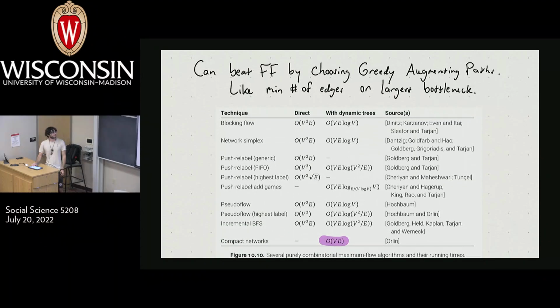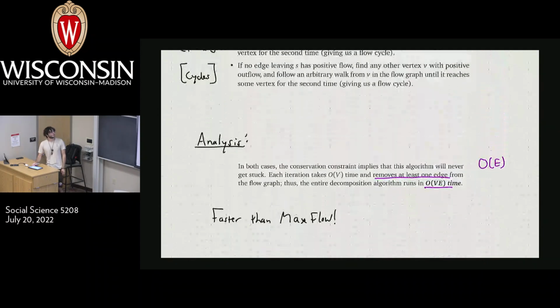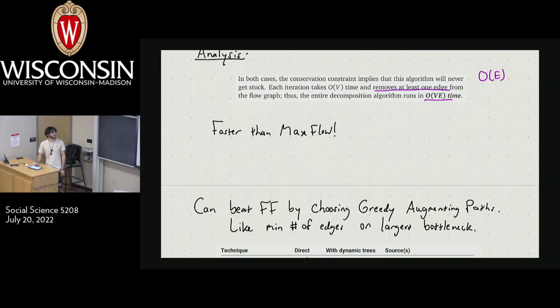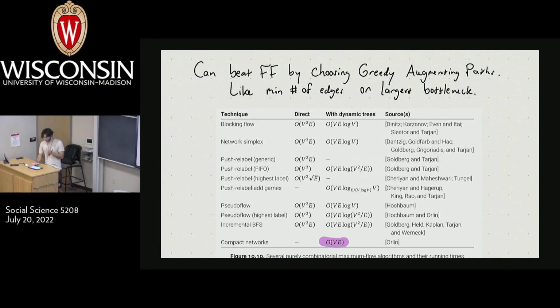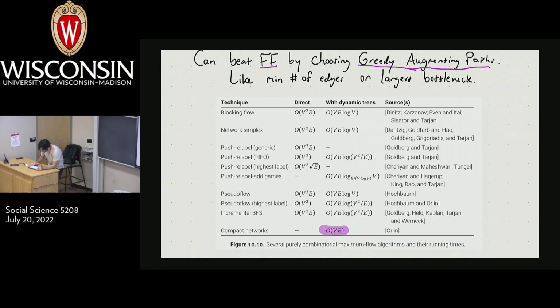So because of this, you're probably thinking, well, maybe this can be improved. Like maybe Ford-Fulkerson's not that great, and you'd be right. In the book, you can change Ford-Fulkerson to pick the augmenting paths using greedy metrics, like pick the thing with the biggest bottleneck, or pick the path with the smallest number of edges. Both of these greedy strategies will improve the algorithm. But there's a long line of work of different algorithms.